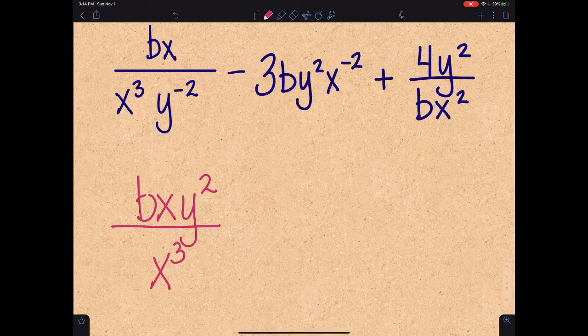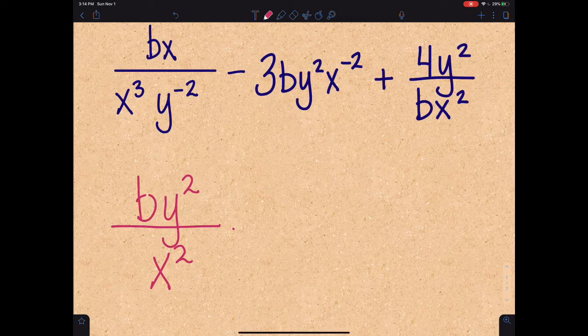But there is something else I can simplify because I have this x on top and this x cubed on the bottom. So I can cancel out one of those x's and make this a 2. Now I have by squared over x squared. Okay, so that's the first expression.